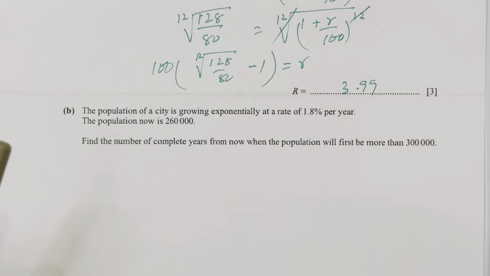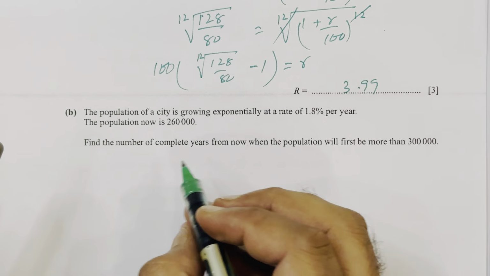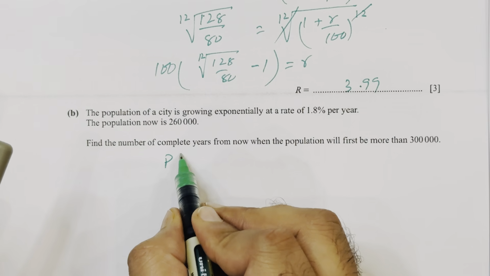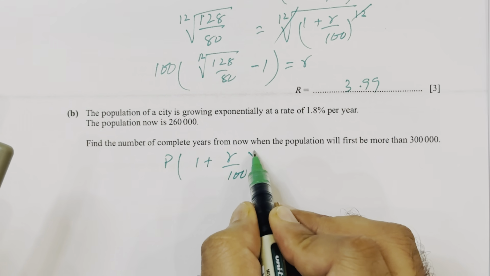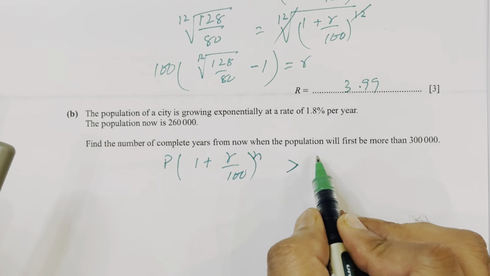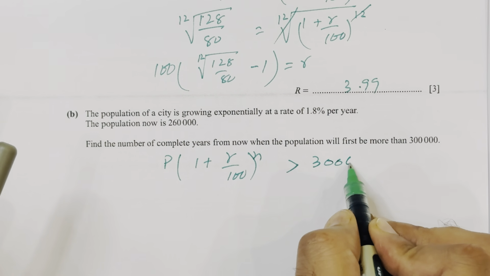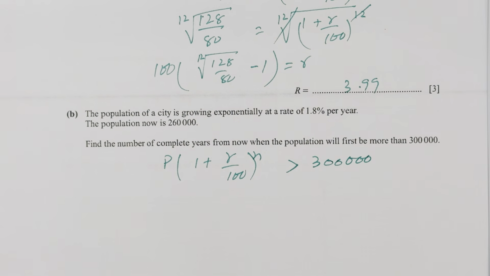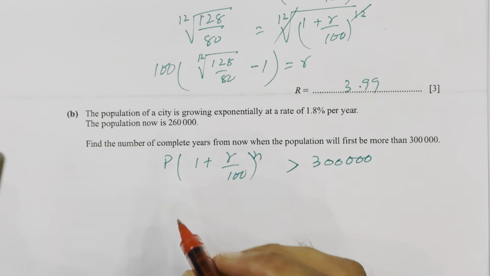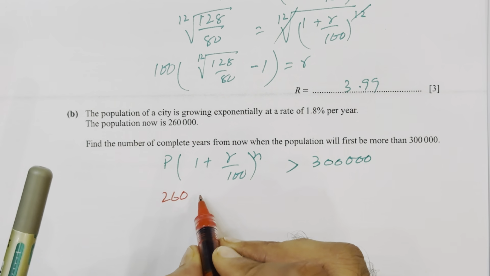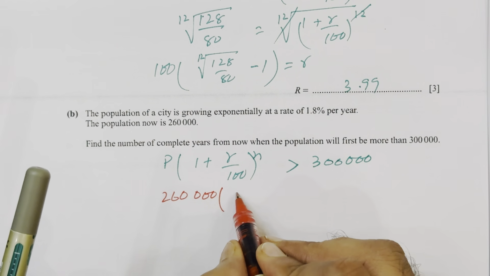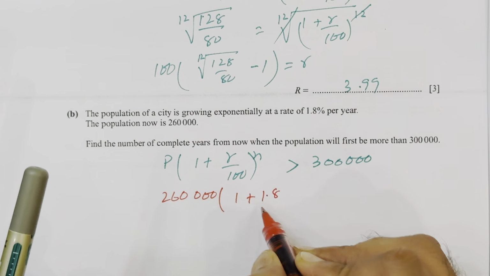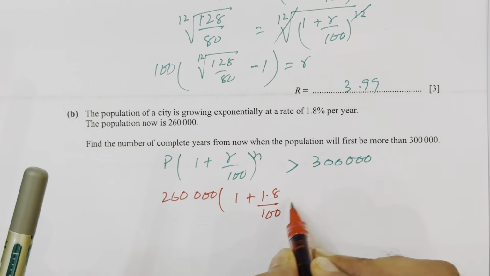So we have to apply the formula of compound interest, and we also need to figure out by hit and trial method the value of n. For that the value should be more than 3 lakh. The principal amount is given, that is 2,60,000, and 1 plus, also the rate is given, 1.8 over 100.